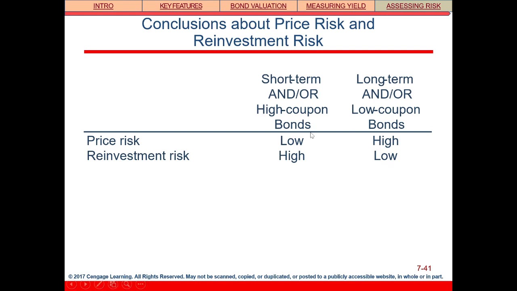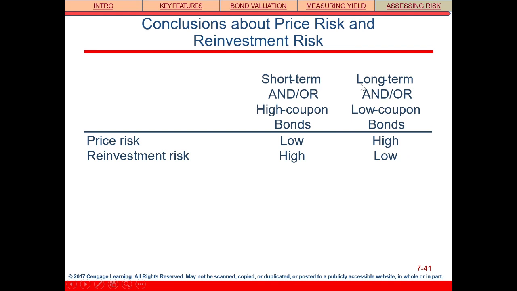But if it's a high coupon bond, then most likely the market interest rate has more room to fall, or more room to be below this high coupon, right? So therefore the reinvestment risk is going to be high. So you see, whatever combination you have, if it's a short-term high coupon bond, then you will have higher reinvestment risk, or a long-term low coupon bond, then you will have a high price risk.